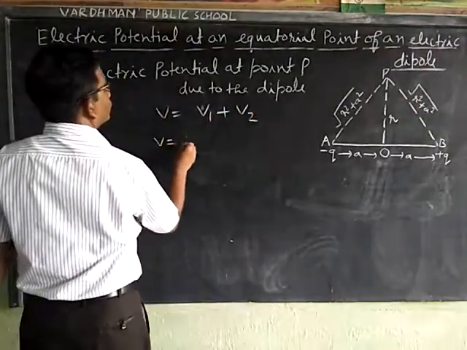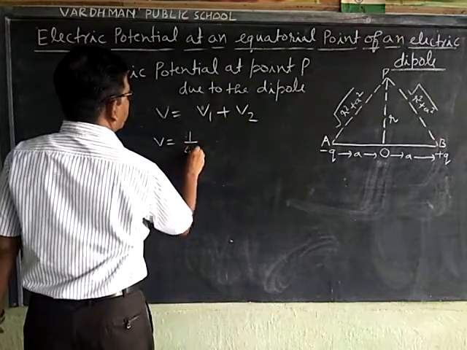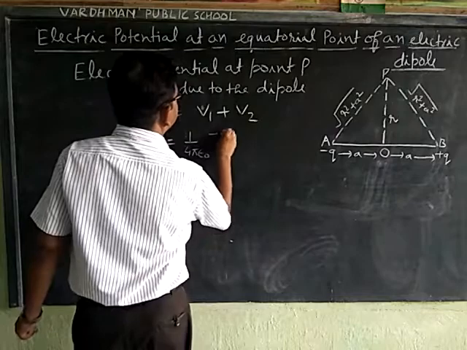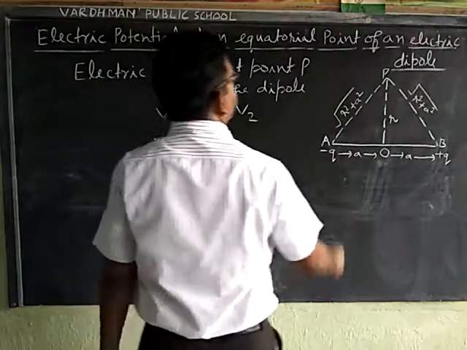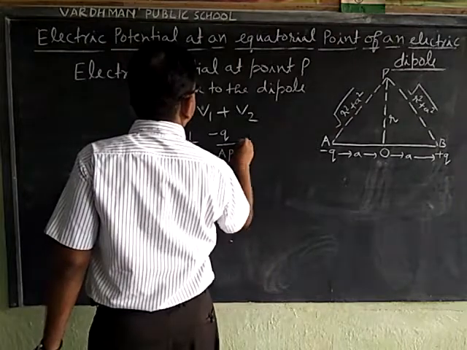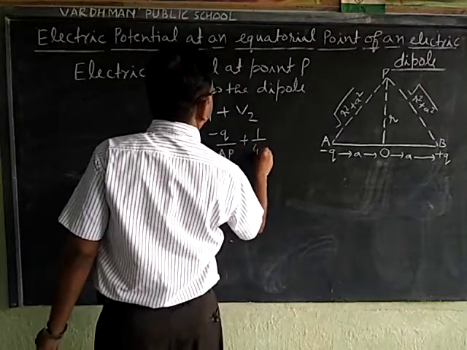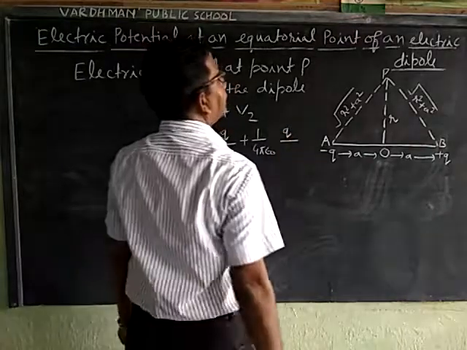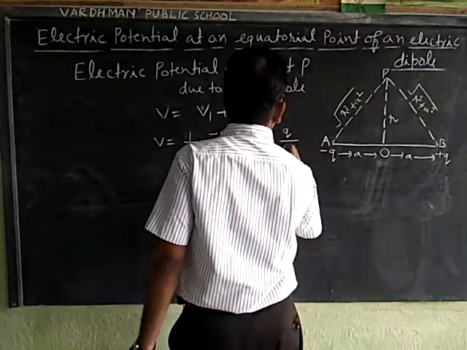V is equal to 1 upon 4 pi epsilon naught into minus Q upon AP plus 1 upon 4 pi epsilon naught into Q upon BP.